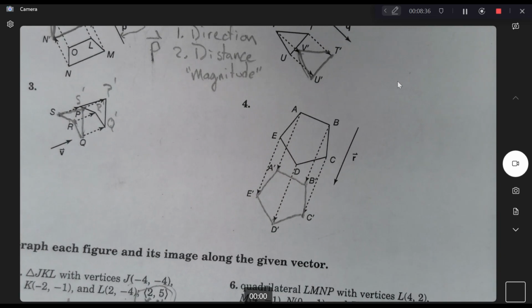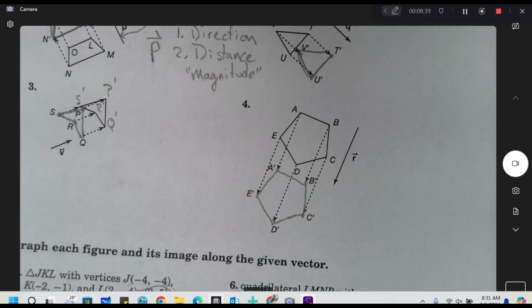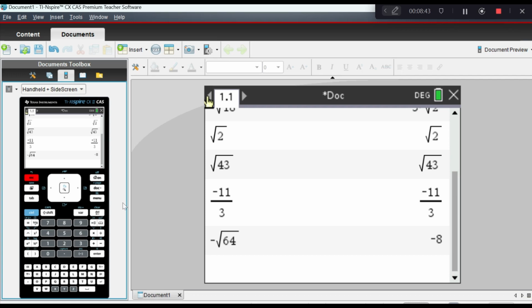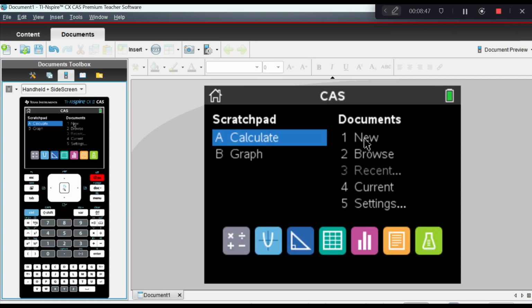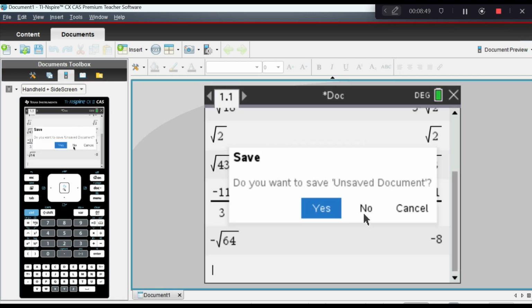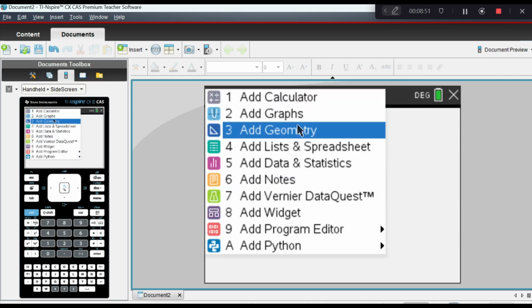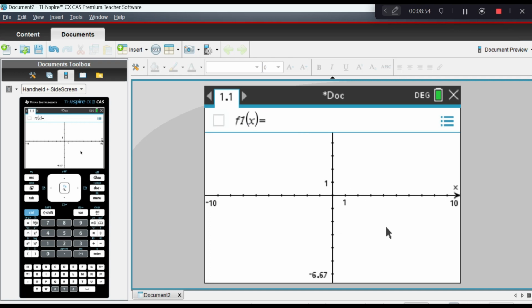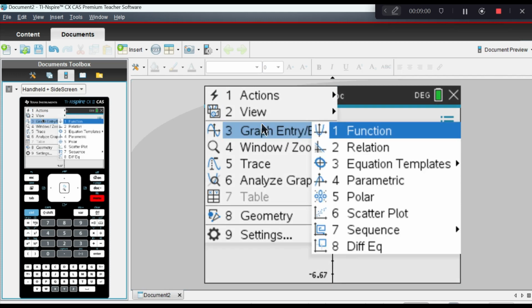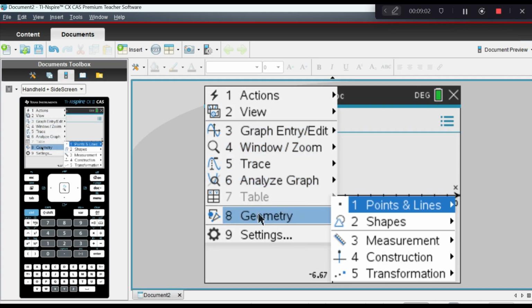One other thing I think I'll show you real quick, what it looks like when you do these both on a calculator. So let me make a calculator document here. I'm going to add in the graphs page. So if I were doing number 6, this can be kind of helpful. I would plot all my points. So I'd go down here where it says geometry.